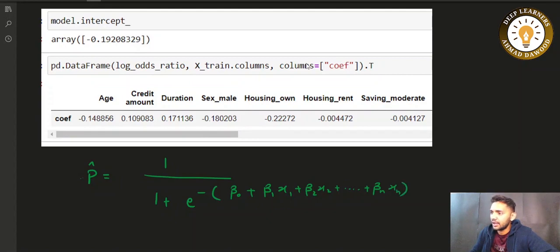Here we have 21 independent columns, so it will be beta 21 x21. In this way we have these coefficients here.